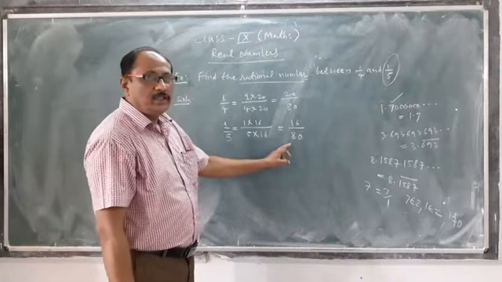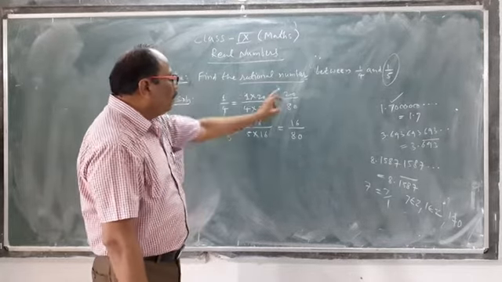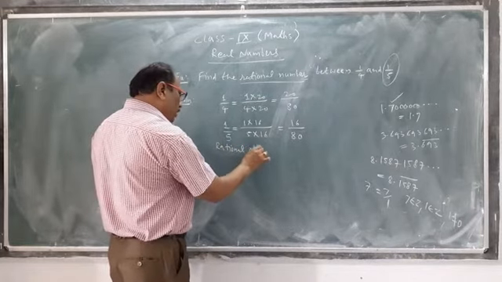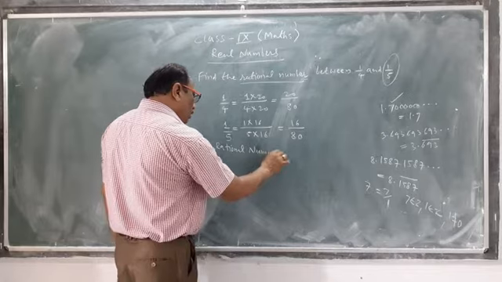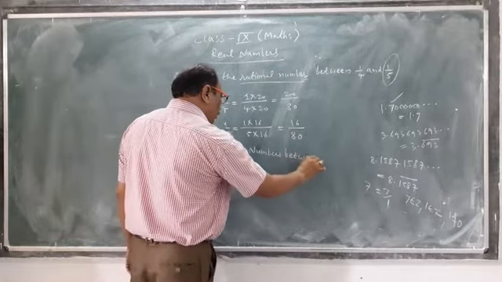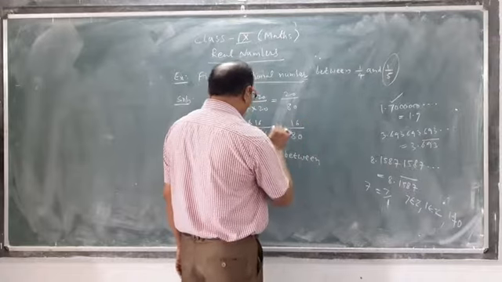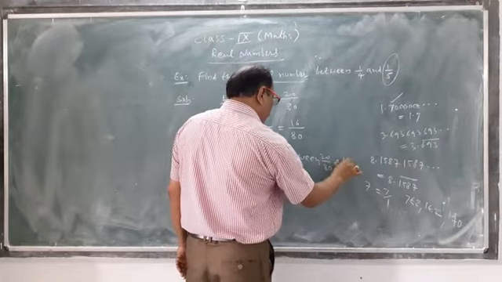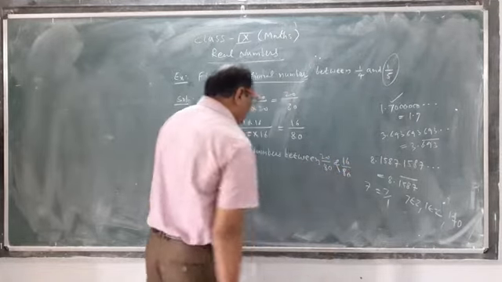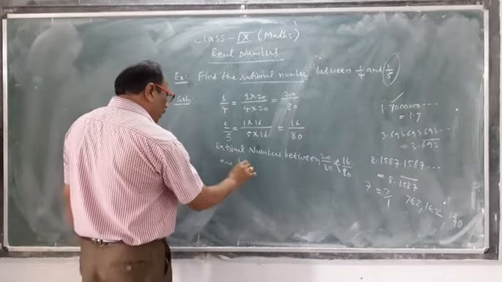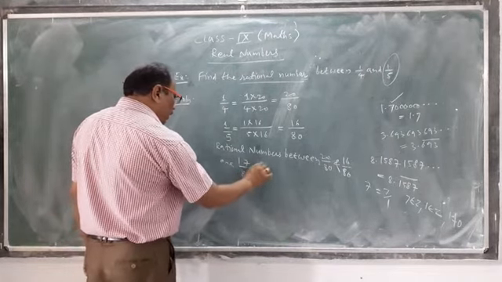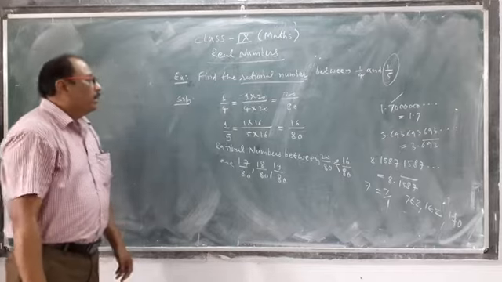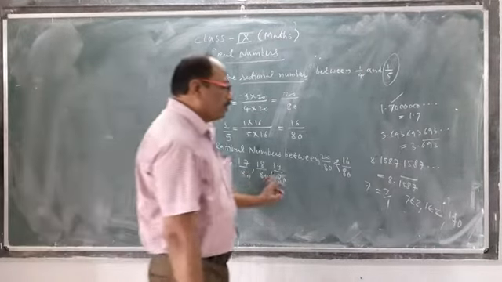Therefore 1/5 is 16/80. The rational numbers between 1/4 and 1/5, that is 20/80 and 16/80, are 17/80, then 18/80, then 19/80. These are the three rational numbers.